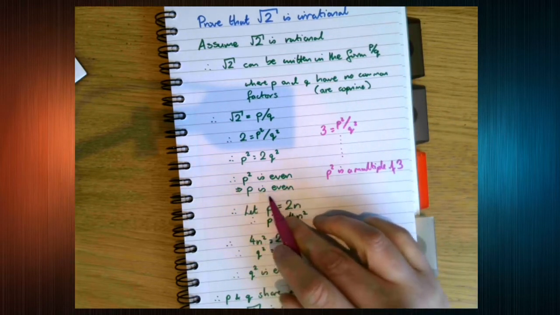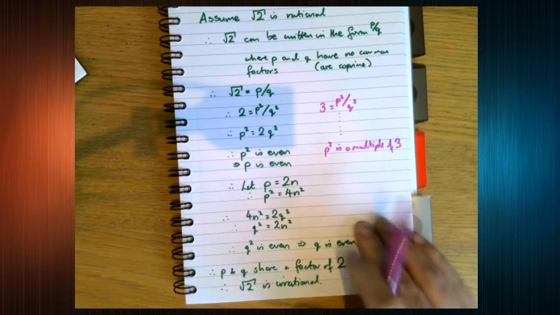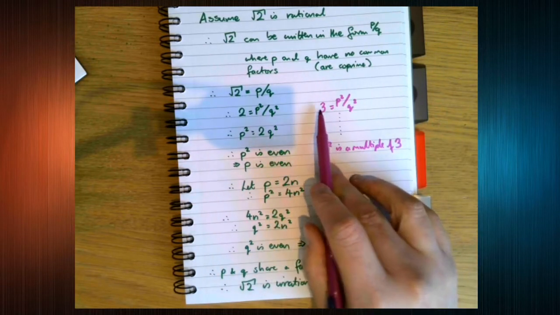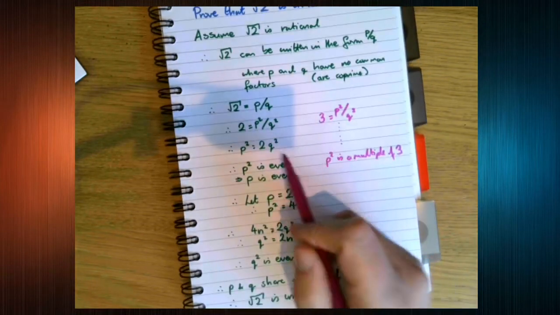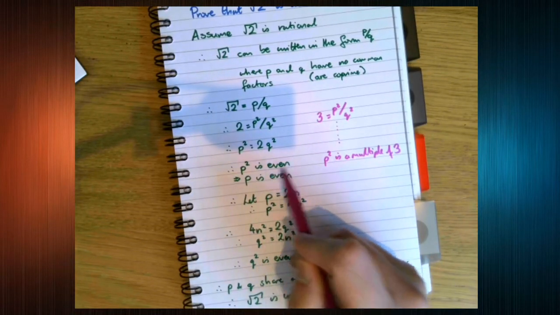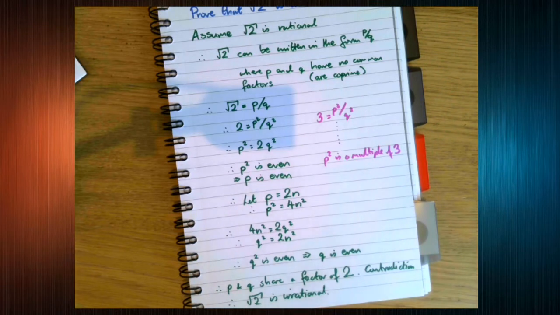So therefore p is a multiple of 3, and you do it the same way. So if this number here isn't 2, you just replace all of these things with is a multiple of whatever the number is. And that's the first of the 2 proofs that you have to learn.